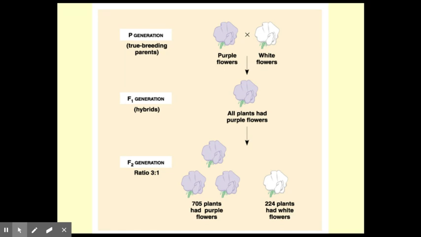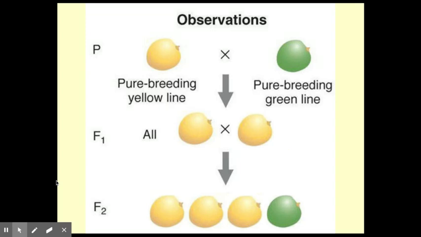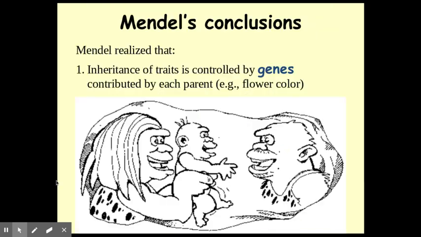And he got 3 purple plants to 1 white plant, a 3-to-1 ratio. He looked at the seed color too, with yellow mating with green. First generation was all yellow. Second generation, 3 yellow to 1 green.